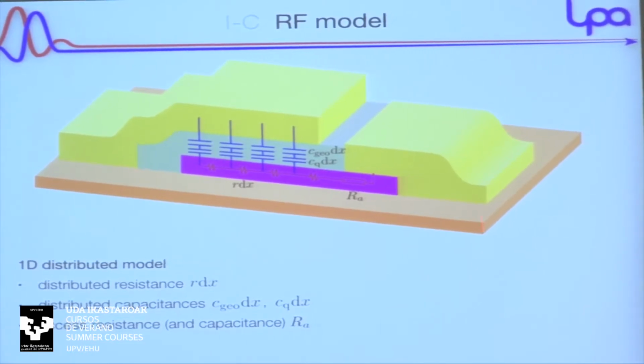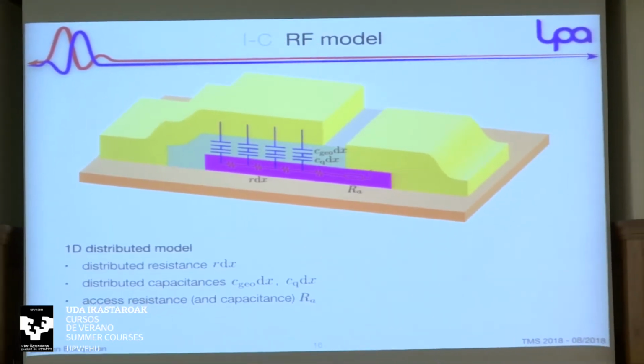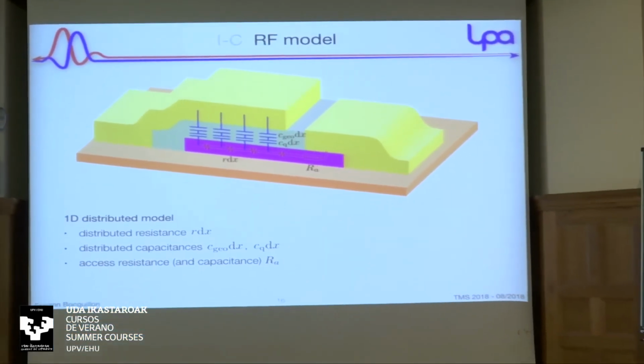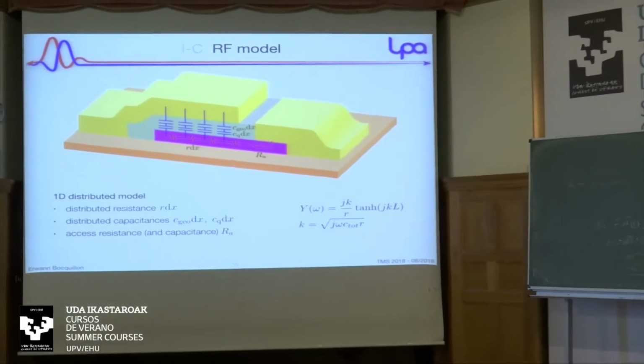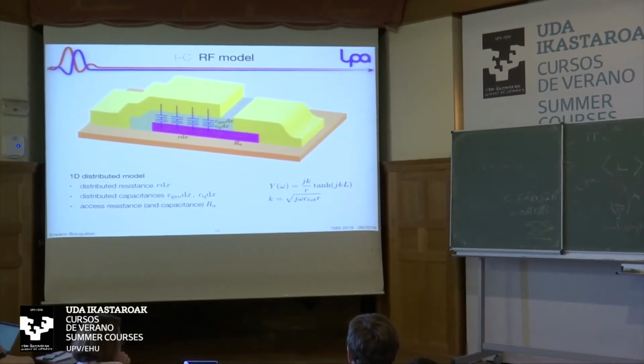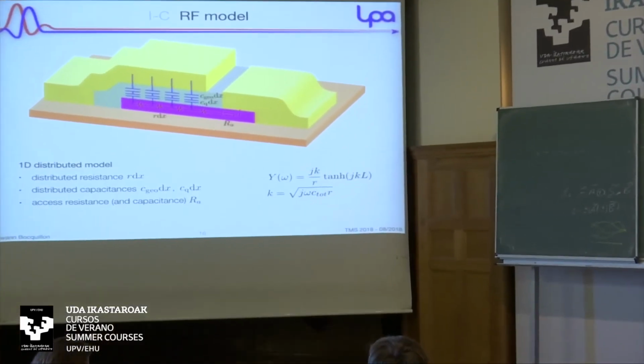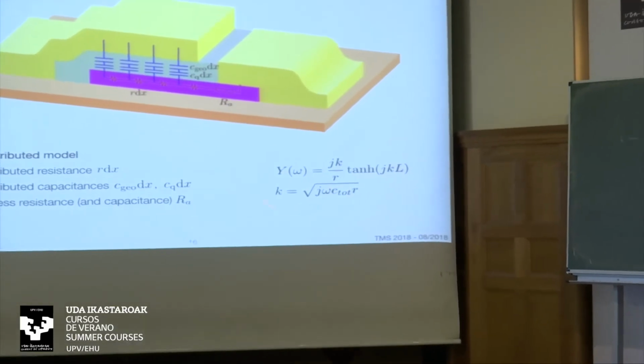Now if you measure that type of device, you can compute the admittance of this 1D line. This is something I'm sure you've done during your studies. And you get something of that kind, which is a complex admittance here, where j is the complex number usually written i. And this takes that form.